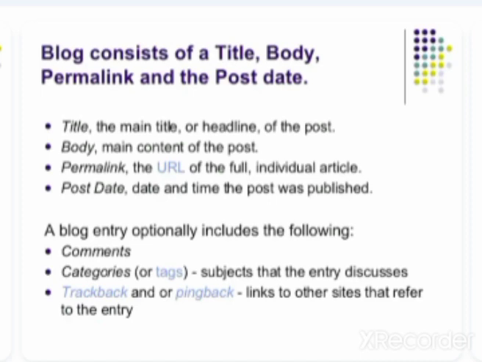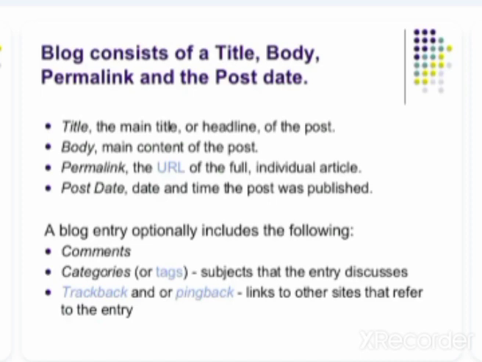You will have a title, the main title or a heading for that particular post, then the main body, and sometimes there will be a URL or permanent link given. Date will be there. So for your exams, when you are writing, please give a title.